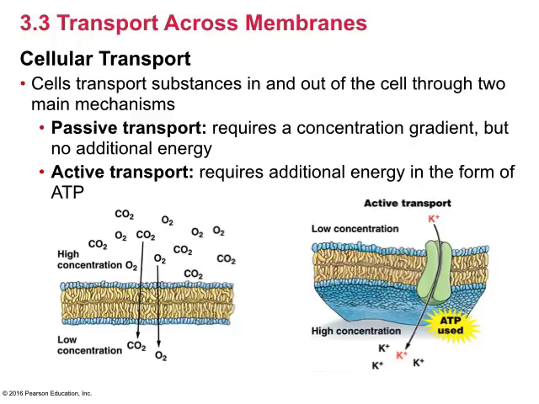Active transport requires additional energy in the form of ATP because if you look at the diagram, that potassium ion, K plus, is moving through the plasma membrane through a protein channel from an area of low concentration to an area of high concentration. That's like going against the grain or against the flow. If you're going to go against the flow of a current, you need to put energy into that. So active transport goes against the flow and requires additional energy in the form of ATP.